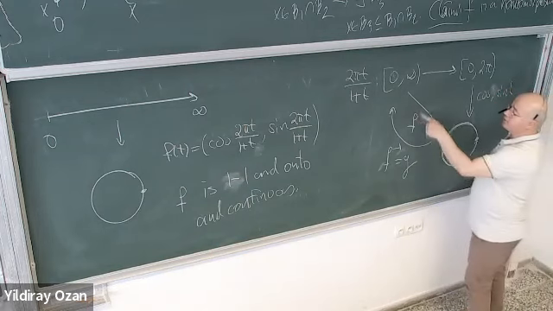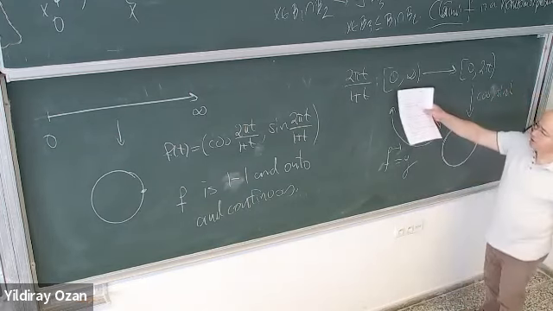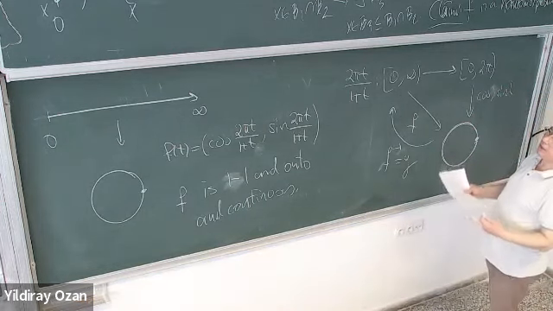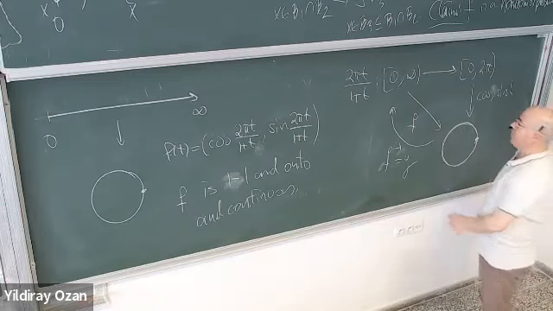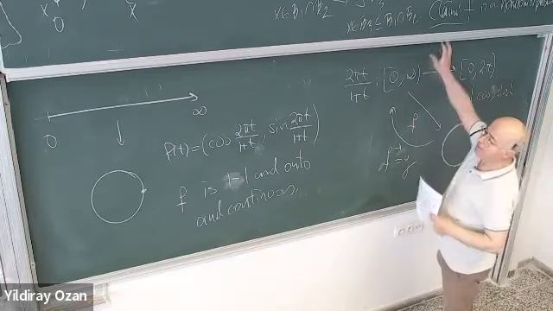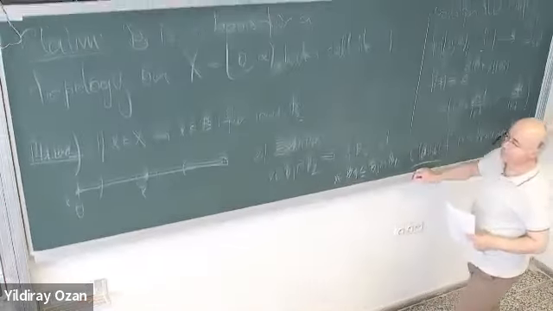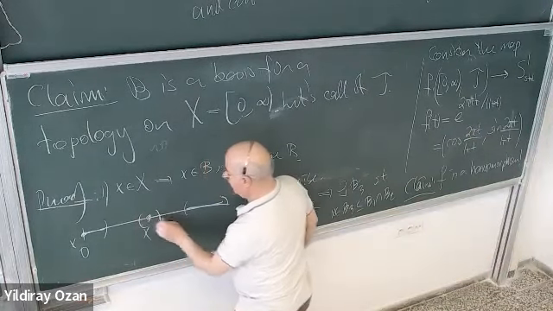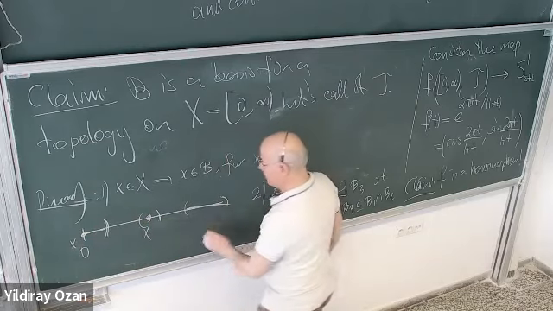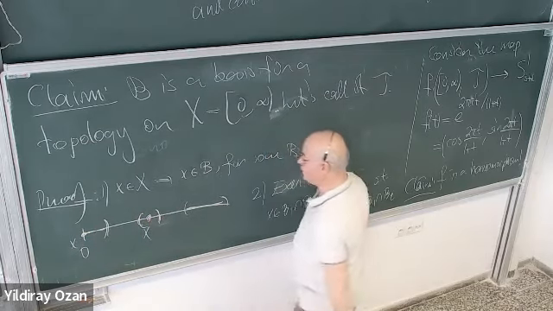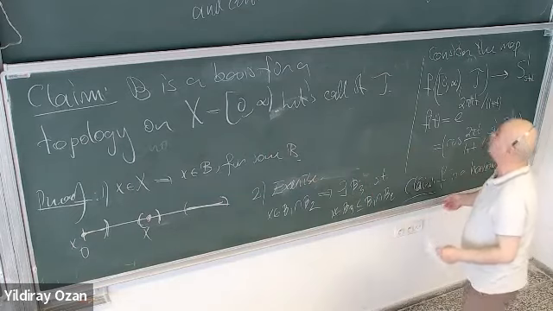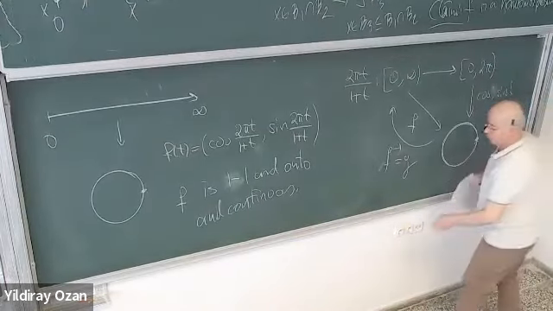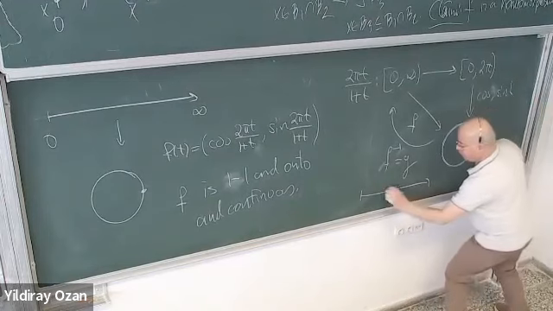Well, what are the open sets of this topology? I cannot describe all the open sets, but I can tell you what the basis elements are: open sets like this, and sets like this. The image of an open set like this under this map will be an open set.